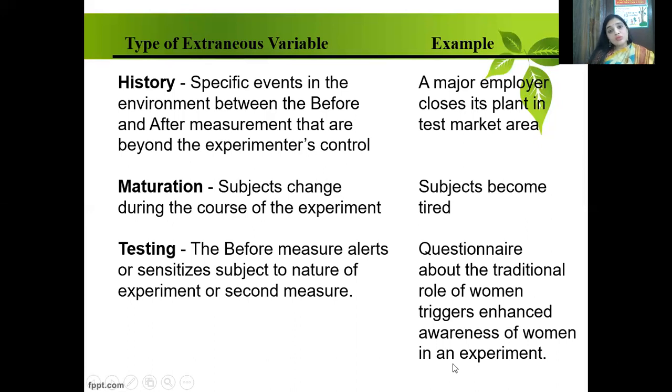When you were doing the pre-test with the same questionnaire, women were not aware of a few things, but after doing the experiment they are aware of them, and they might become more active by the time you do the post-test of that particular questionnaire. So this is also one of the things. Testing also sometimes affects the experiment negatively, testing of the questionnaire.